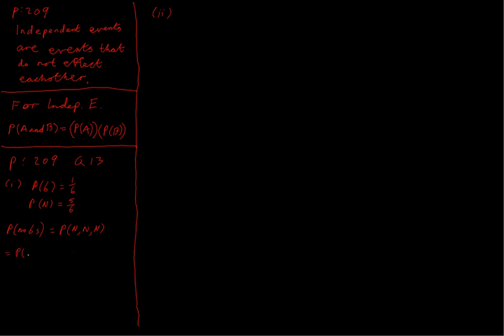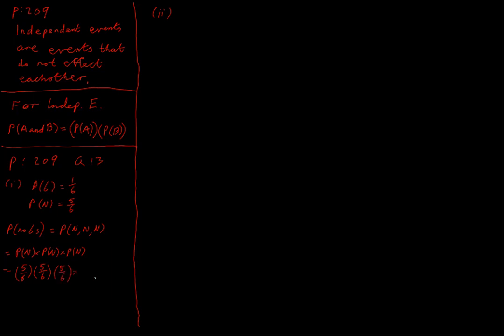So writing it out pedantically, we would have probability of not a 6 by probability of not a 6 by probability of not a 6. So it would be 5/6 multiplied by probability of not a 6 multiplied by probability of not a 6.